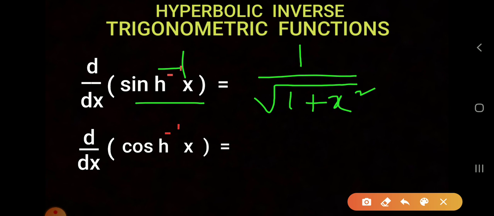Here also it is the same pattern as sine inverse x and cos inverse x: in inverse functions, the numerator is always 1 only. Here also the same thing.